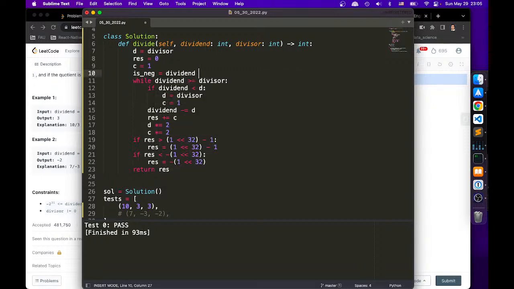This one larger than 0, right? And divisor larger than 0. So both larger than 0. If both are true, then it's true. If both are false, that's also true. It's only, so it's going to be exclusive OR. Right? Think about it.